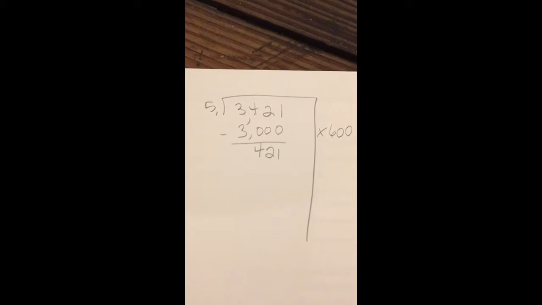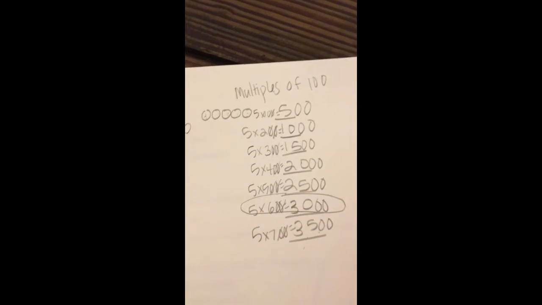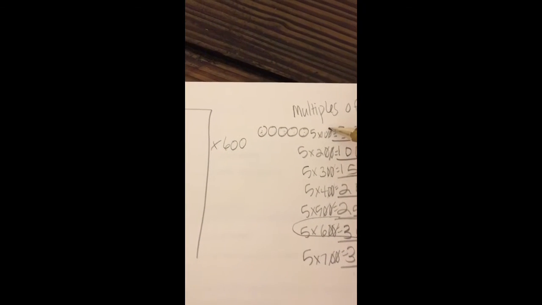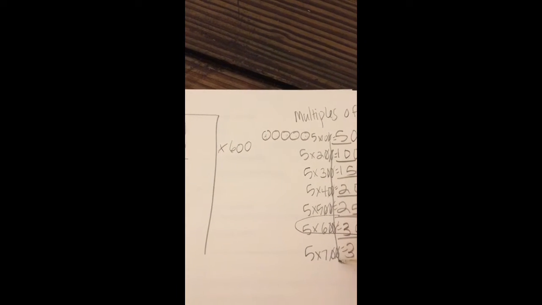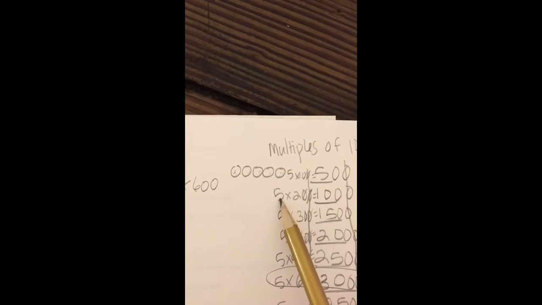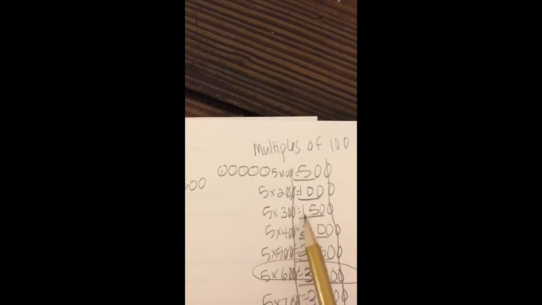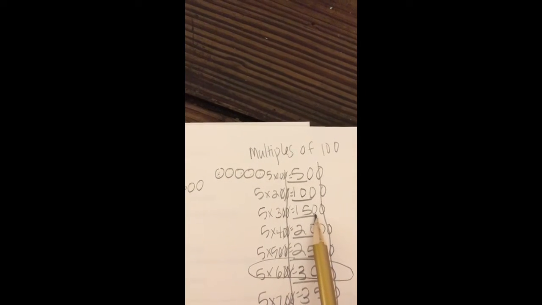So now all you have to do is come back over here, cross out your first row of zeros, and now you have 5 times 10 is 50, 5 times 20 is 100, 5 times 30 is 150.